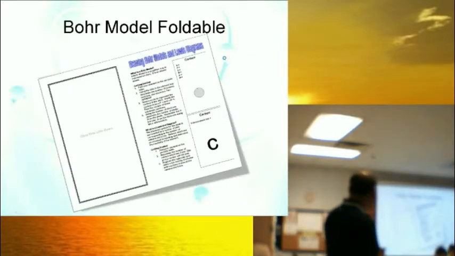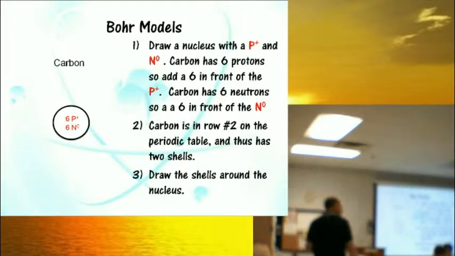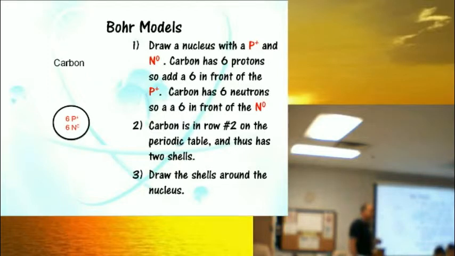The first thing you're going to see is that inside the nucleus, it says drawing all those little circles and drawing all the neutrons and all the protons. The way we're going to do this is just put 6 p plus and 6 n 0. So you would draw a nucleus and put p plus in it. Do it now, please.